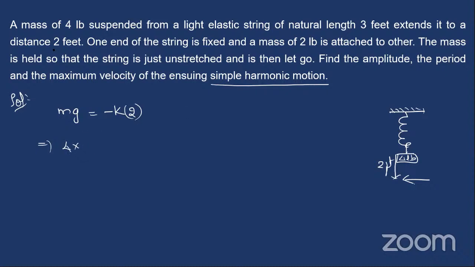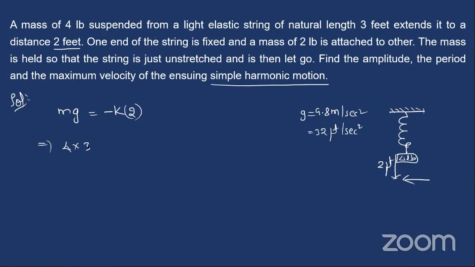Look at this. The distance is given in feet. Normally, g is taken as 9.8 meters per second square. But since you are given it in terms of feet here, I'm taking this as 32 feet per second square. I'm just converting meters into feet.